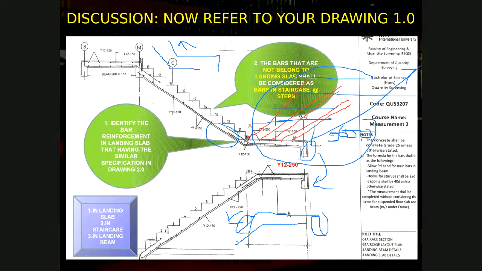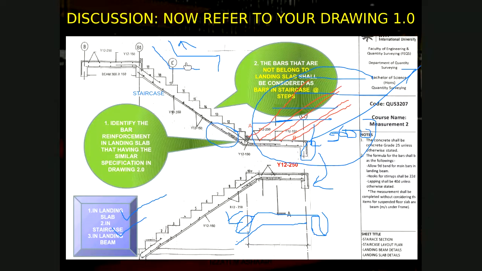staircase. Okay, so if I summarize in terms of items to be measured, you can see number 1, measure the bar inside the landing slab first. Okay, so the remaining bars that have not been measured yet inside the staircase should belong to the bars inside the staircase.